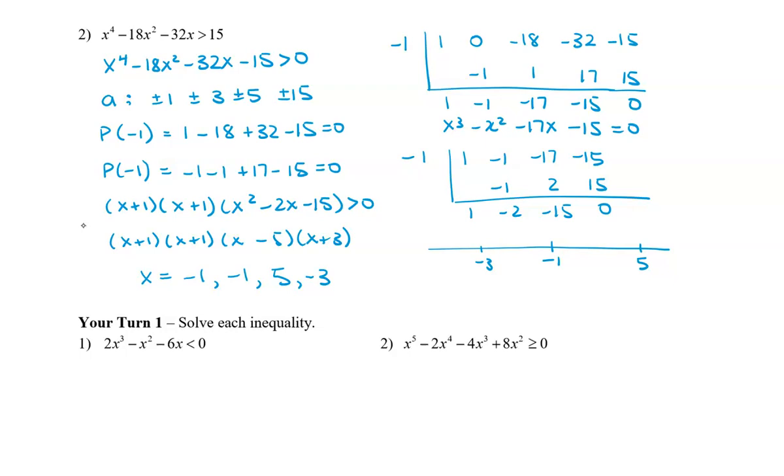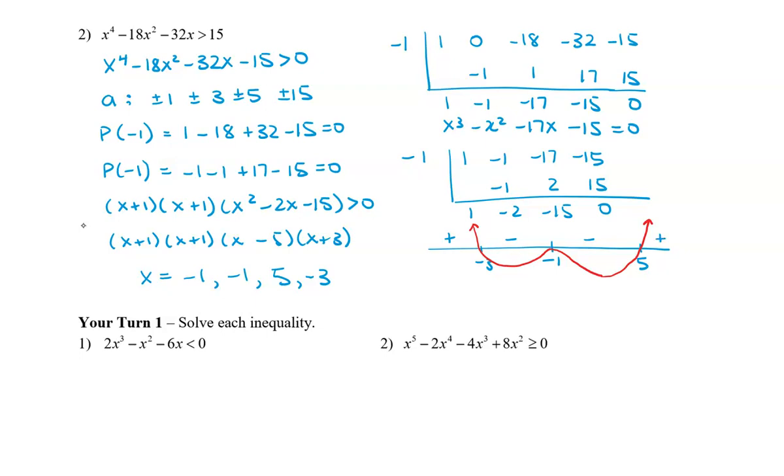Okay, so this means that it's going to come down, go back to -1, and because it's a double root, it's going to hit -1, come back up, and then go through 5, and then continue up. Okay, so notice if I know what the graph looks like, I actually don't have to draw or test any values. So we can see this is going to be positive, negative, negative in the middle, and then positive.